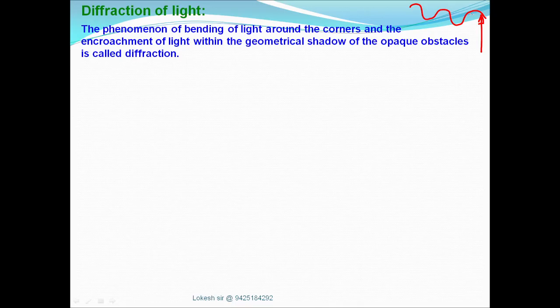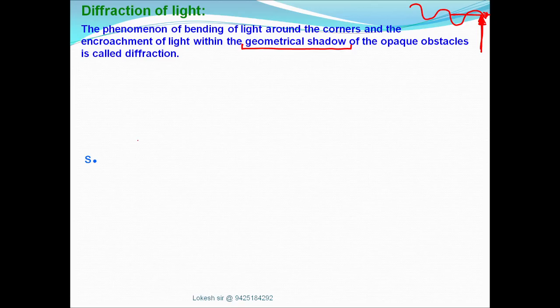Now you know a ray is not permitted to encroach in this area where the obstacle is present. But in the phenomenon of wave optics, there is bending of light around the corners and encroachment of light within the geometrical shadow area. This is the shadow area where the light is not permitted. You form the shadow where the light cannot enter, so it will cast a shadow of the opaque obstacle. But there the light will encroach.